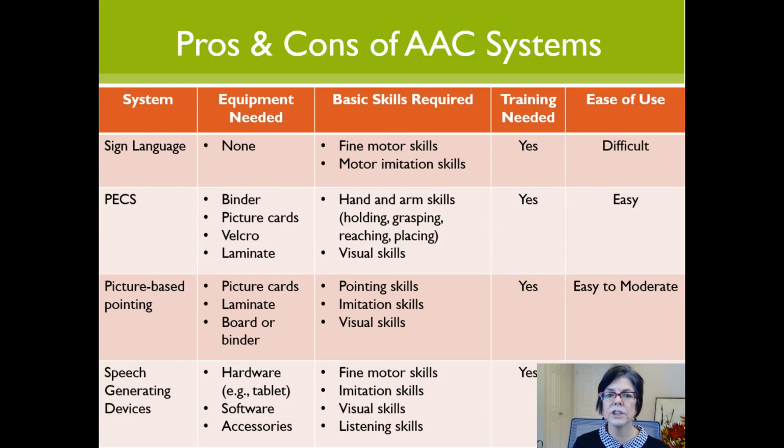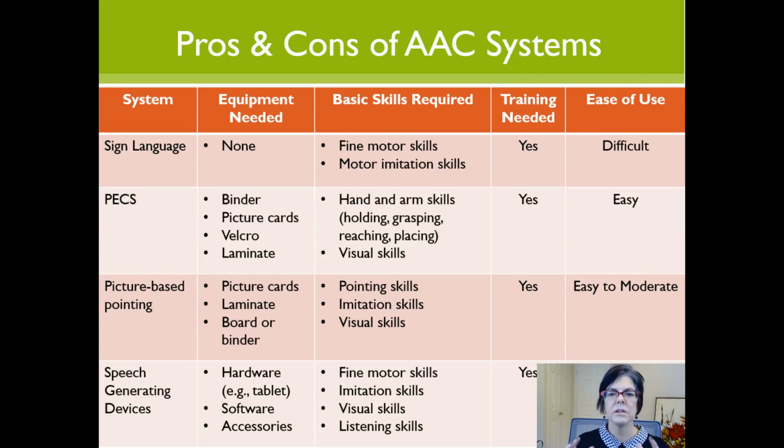And it actually shouldn't be based only on research, and it shouldn't be based only on the clinician's wishes or their experience. If the clinician or the provider you're working with lacks the experience or training in AAC for autism, and especially if there's a system that matches your child or your student the best, then that provider should get mentorship, additional training, or refer to someone that has that skill set.